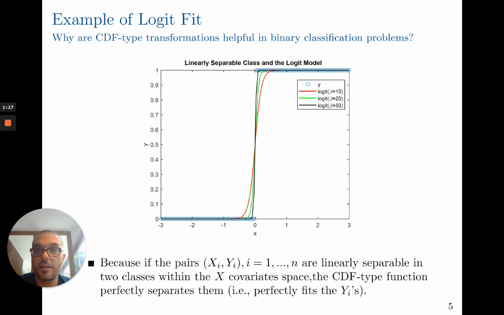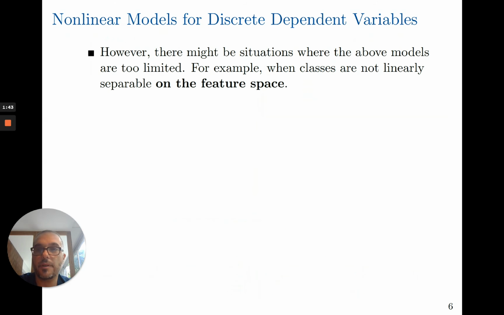As we see here, we can perfectly model the two classes, because the two classes 0 and 1 are perfectly separable by a linear model, a linear frontier between the two.